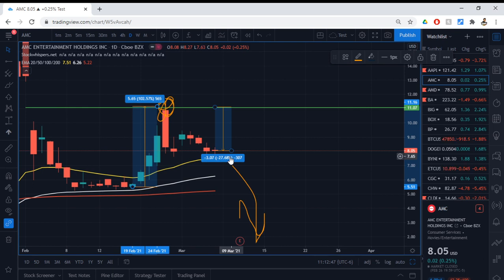And much more risky because it was a counter trend. This is very important for you to understand: you're making 100% in 5 days, and if you short it, you're only making 27% in 7. This 27% is 27%, but it's a more risky trade because everything is opposite to what it should be.